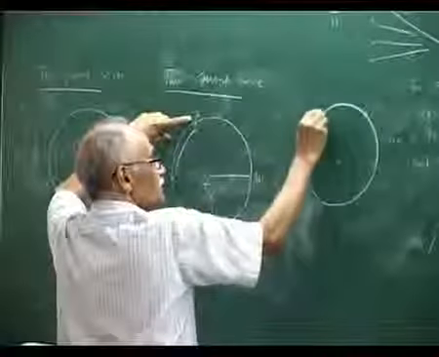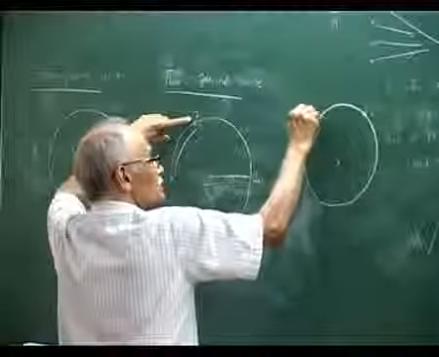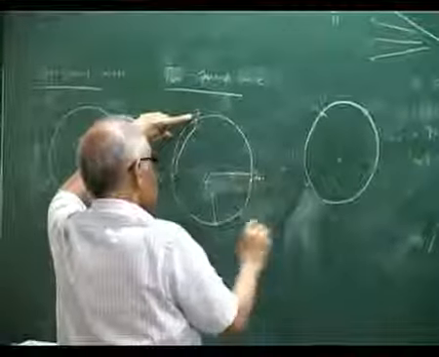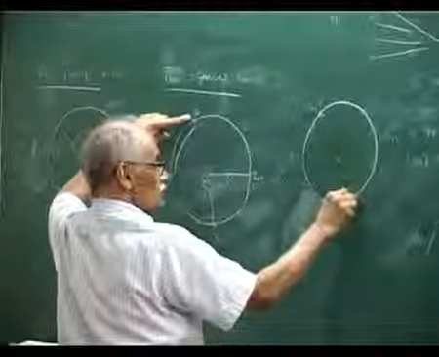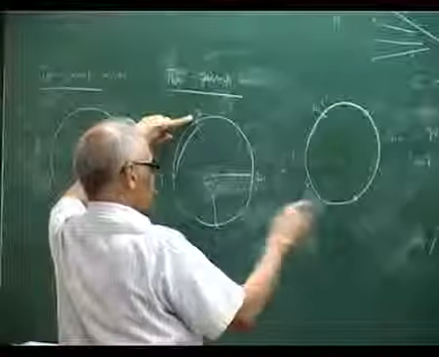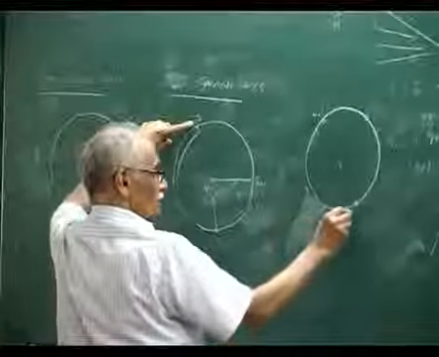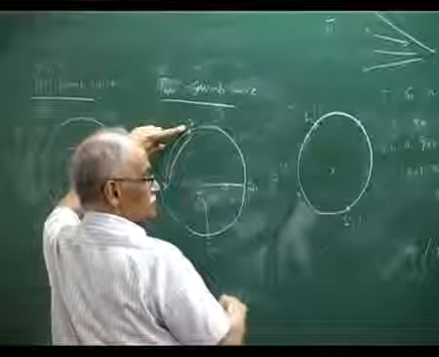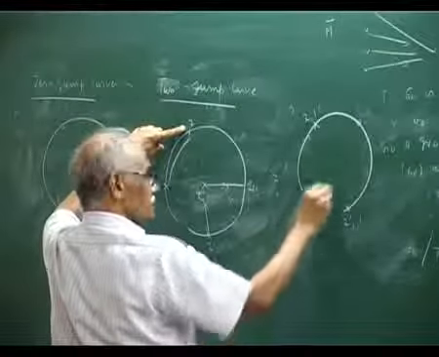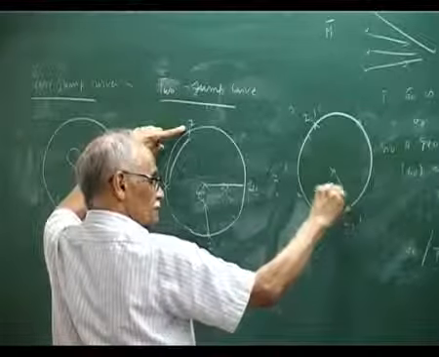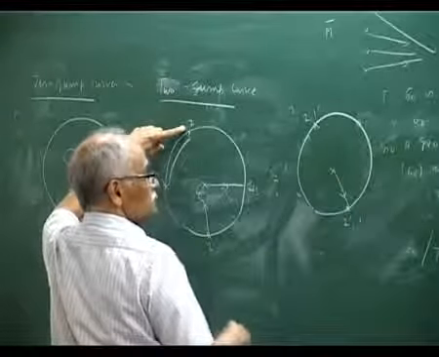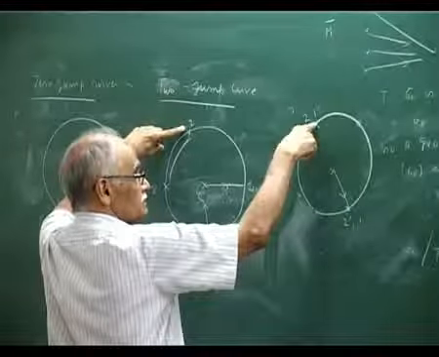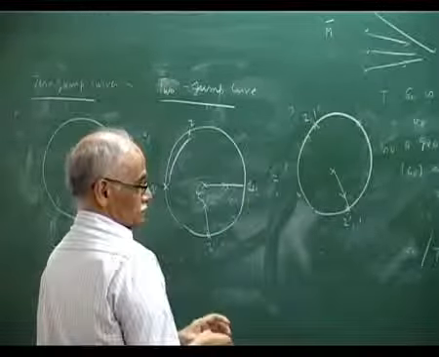Now 2 and 1 prime are sitting together, and at the same time 2 prime and 1 also move together. So this curve is going to look like, come here, I jump, I am getting confused.